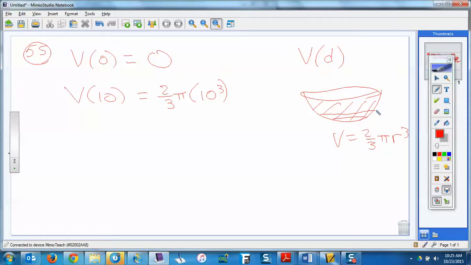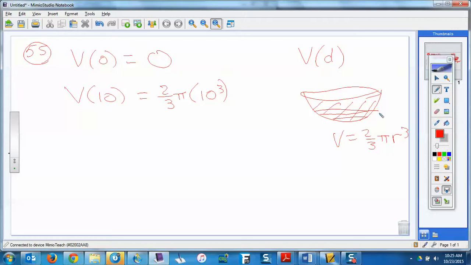You go over 1, you're going to go up a little bit. You go over another one, you're going to go up more. It's going to go up faster because that second inch of depth has more water in it. And the next inch of depth has even more water in it. And so it's going to be curved. Concave up, right? So you're looking for a graph that's concave up.